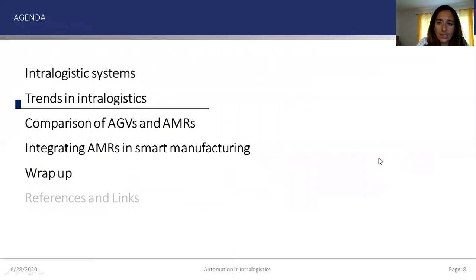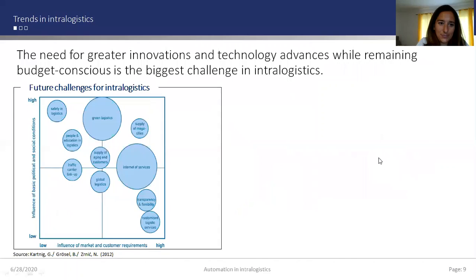So let's have a look at trends in intralogistics. There seems to be a great need for innovation and technology. And there are two things which are very important at the moment: green logistics and the Internet of Services or Internet of Things.